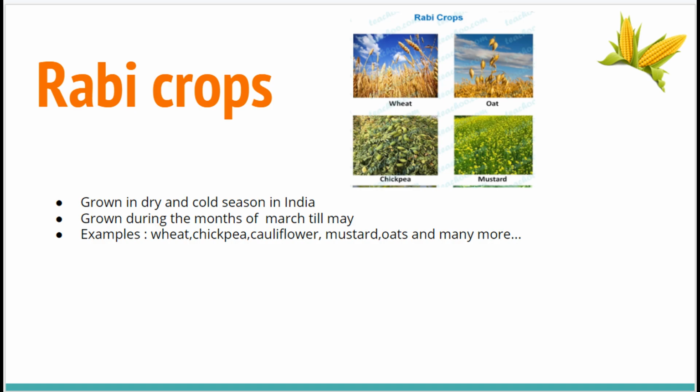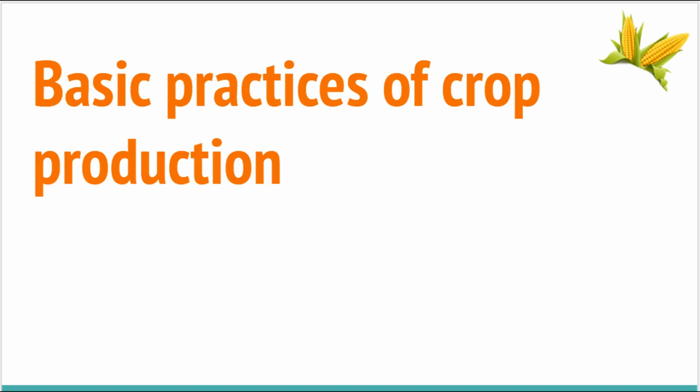Now we will go through the main part of the chapter, that is the basic practice of crop production. So students, let me tell you, if we follow the rules and regulations or the steps in cultivating the crops, then we will be successful to grow a huge amount and the production will be more.